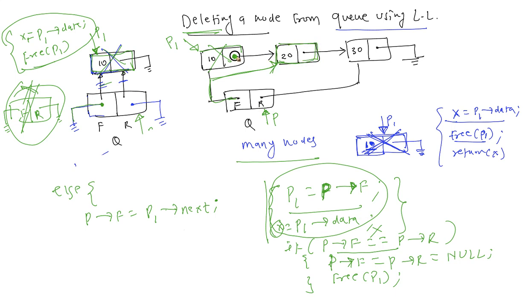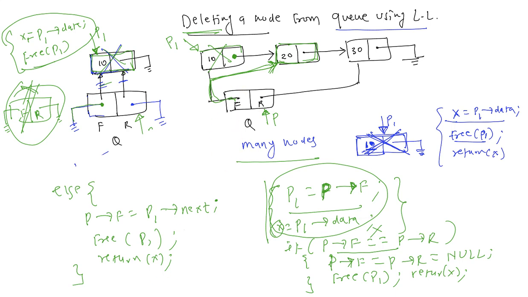I want to give this value to F, so that F will point here, through P arrow F. And then I'll simply say free P1 and return X. After free P1 I should say return X. So these are the two situations, two cases.